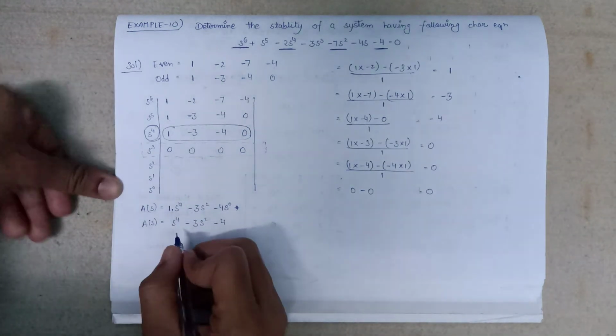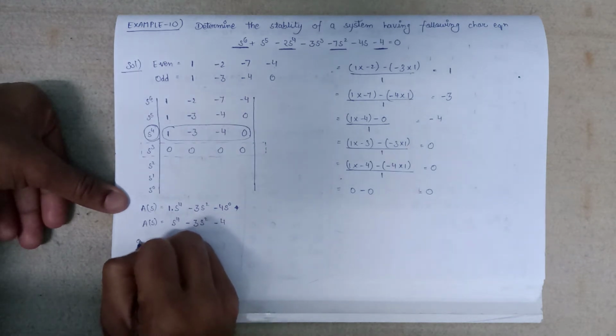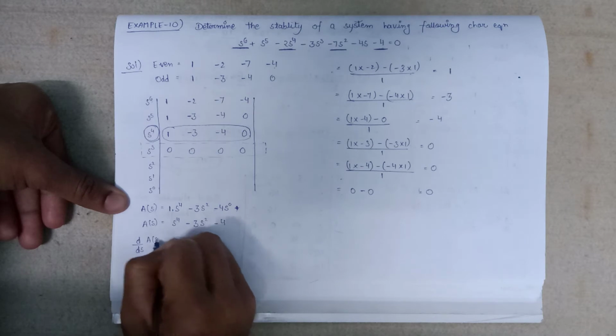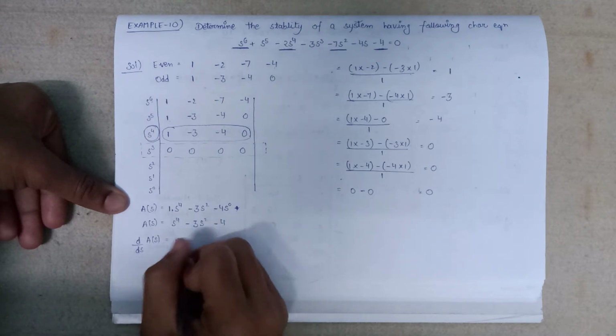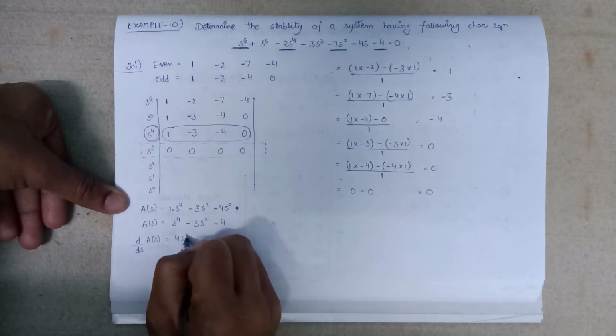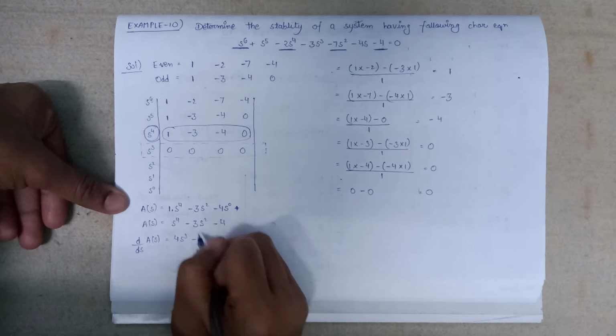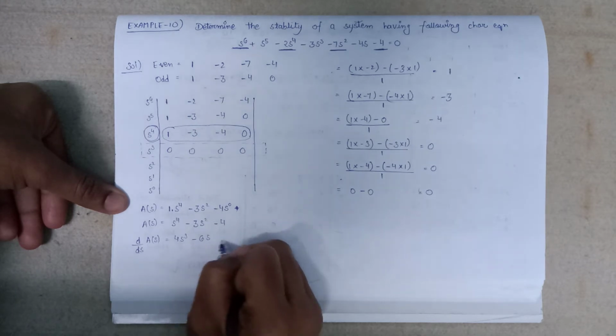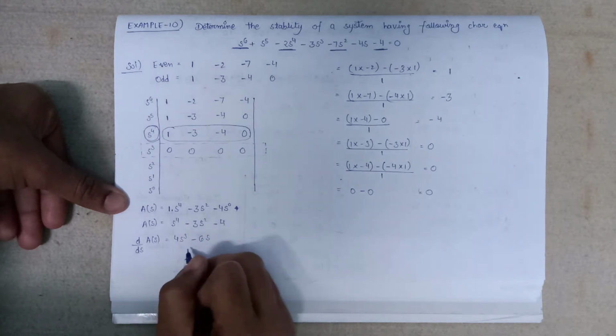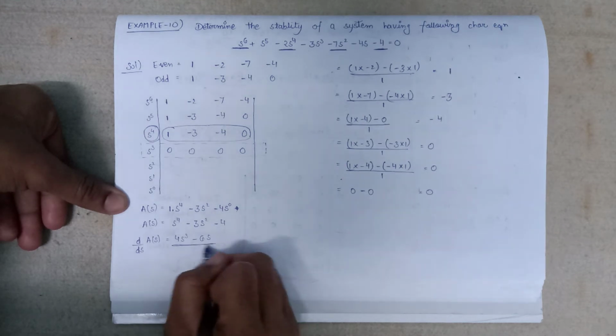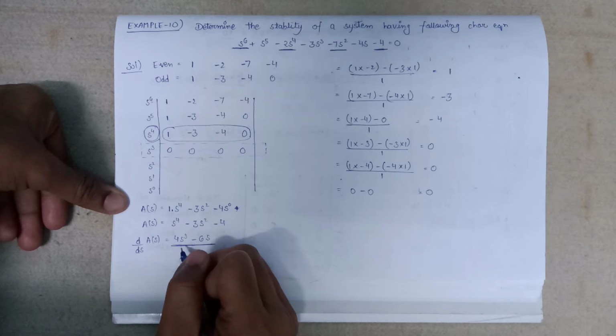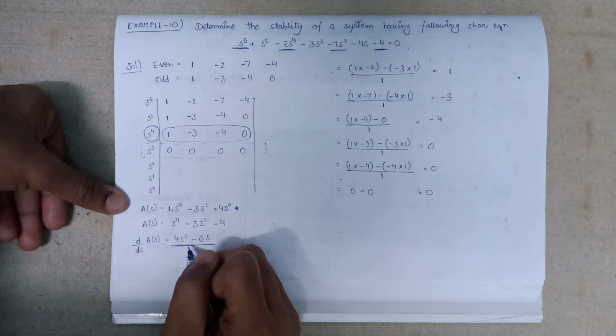Then we differentiate this auxiliary equation: d by ds of A of s equals 4s cube minus 6s. This is our new equation, which we found after forming the auxiliary equation and differentiating it.